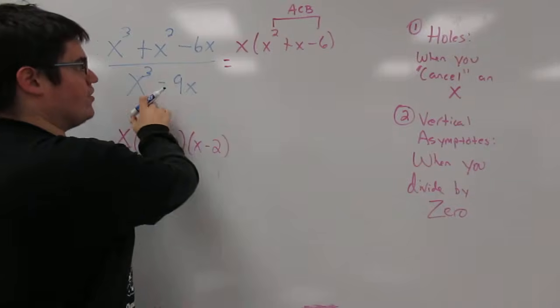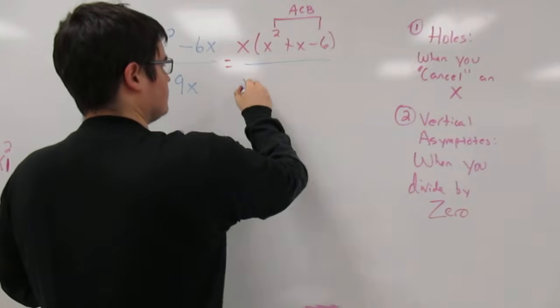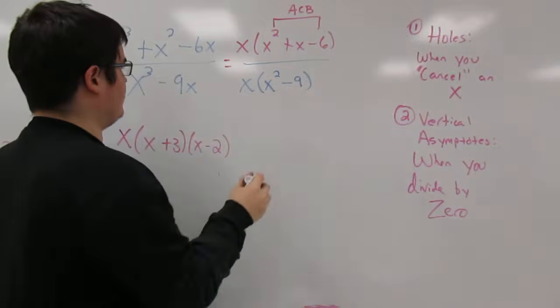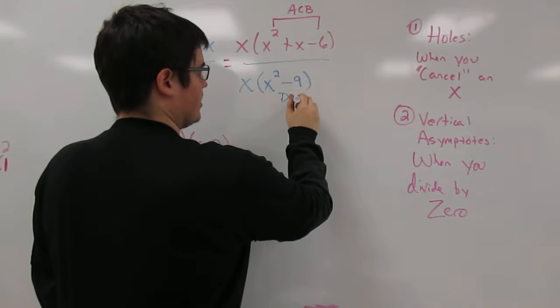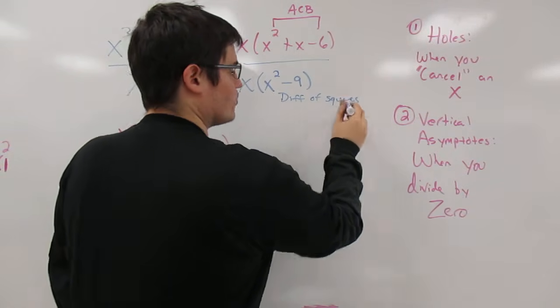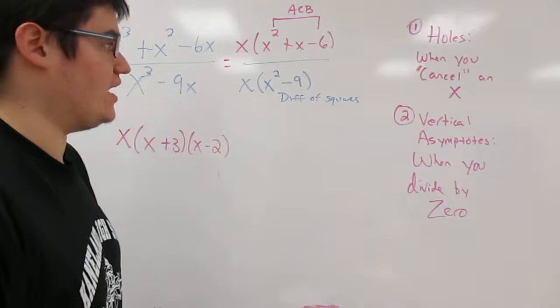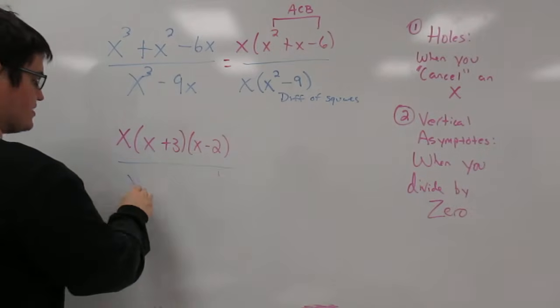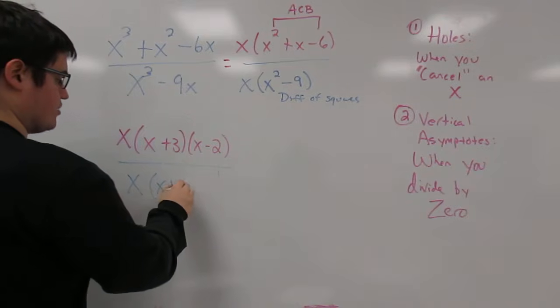Now here I could take out an x. Okay, and this here is our difference of squares. So it's really important you have all these different factoring methods down because they're all going to come right here. So now this is over x plus 3.